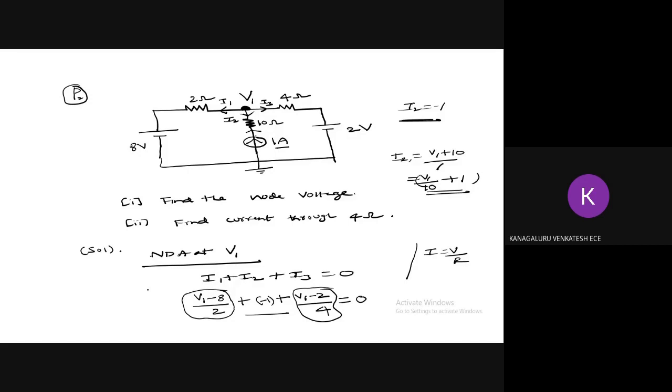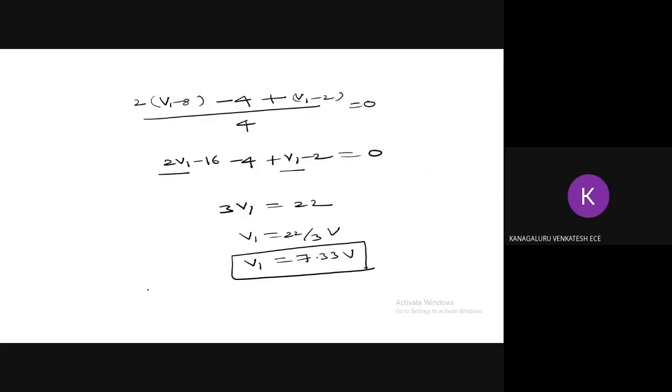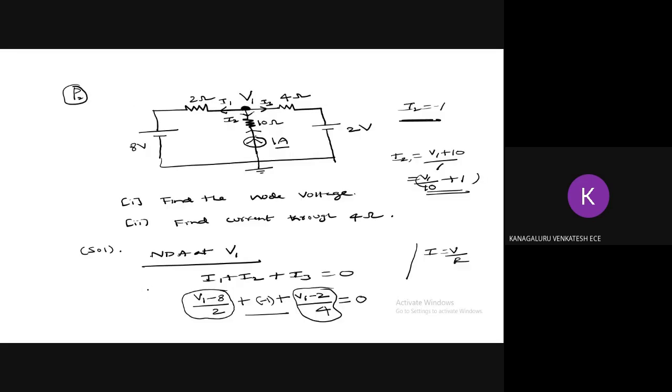What is the expression you get? 5.33 by 4. 5.33 by 4. What is that? 7 point. Yeah, very good. The answer is V1 minus 2 divided by 4, very clear.